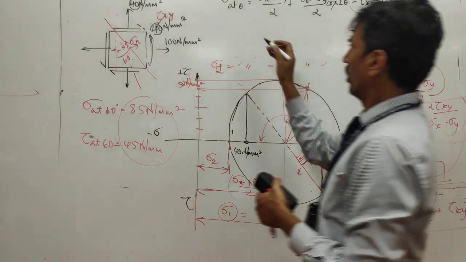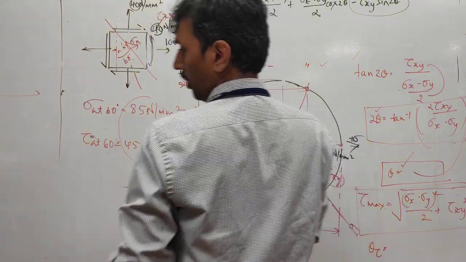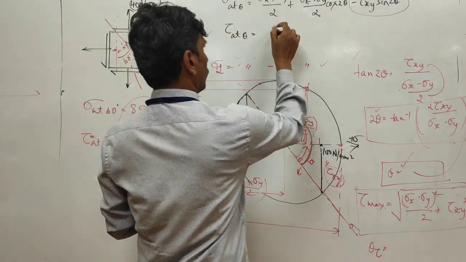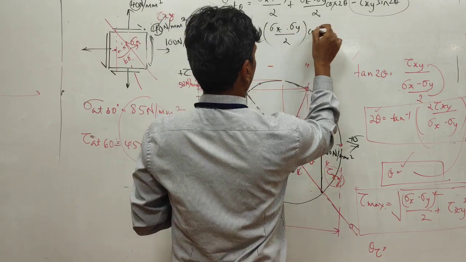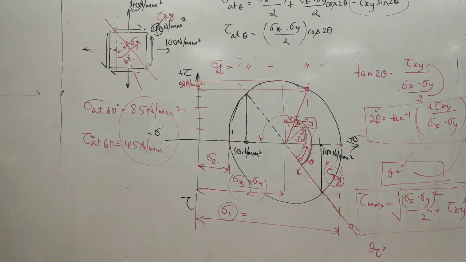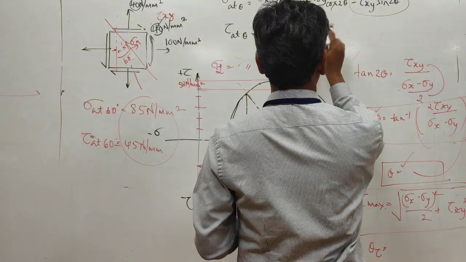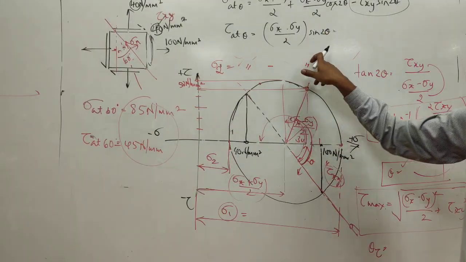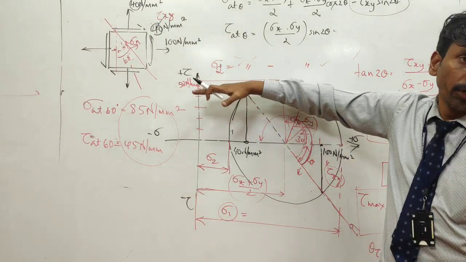And similarly, shear stress at any angle theta will be given by the equation sigma x minus sigma y by 2 sin 2 theta, and then tau xy cos 2 theta. Sorry, I keep forgetting this equation. Use this equation because the vertical distance is the sine component.